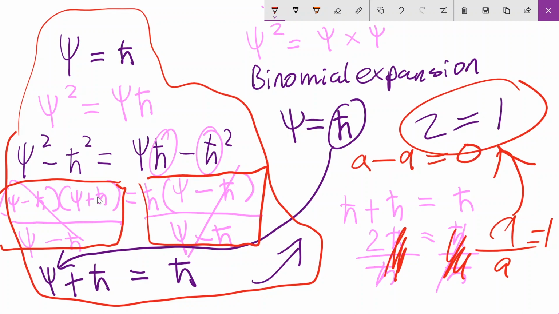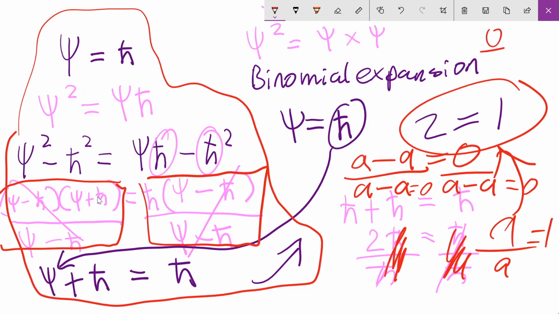So a minus a equals 0. But that also means that you can't divide by it, because look, that equals 0 and that equals 0. 0 divided by 0 equals undefined. You can't define it.